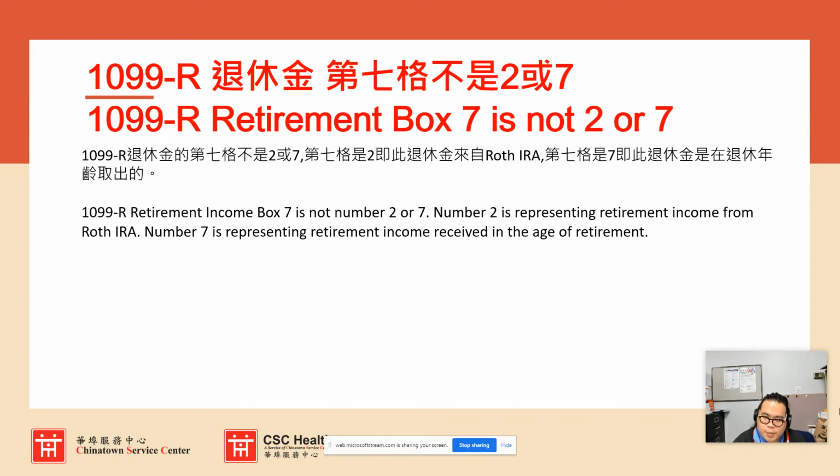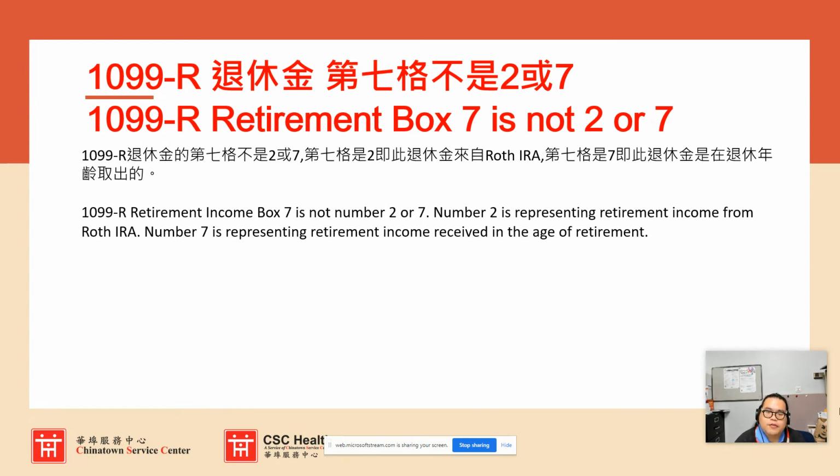If this income is coming from retirement, they are at retirement age to get this income, so it will be mentioned as 7 in box 7. Any other number we count as out of scope.